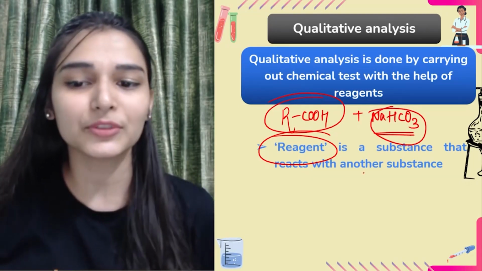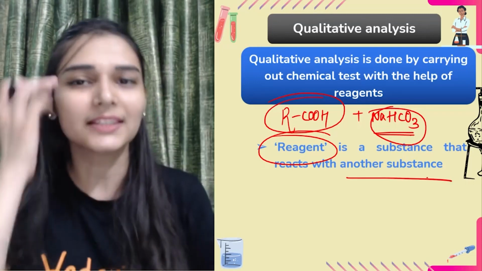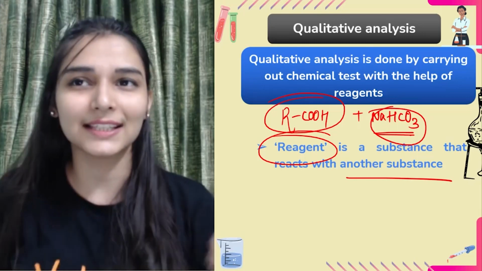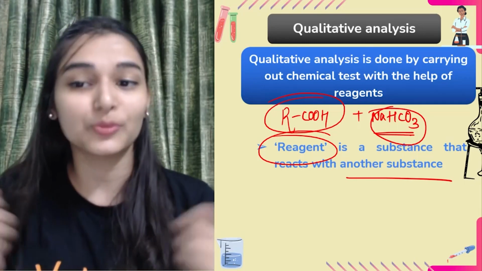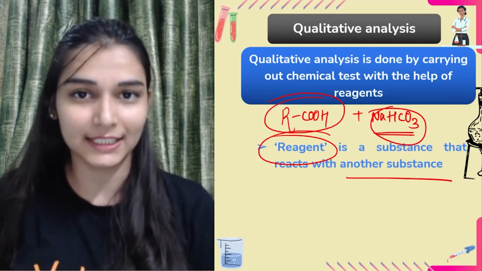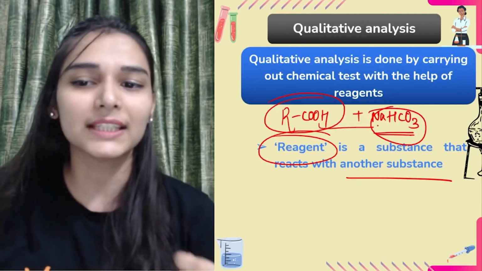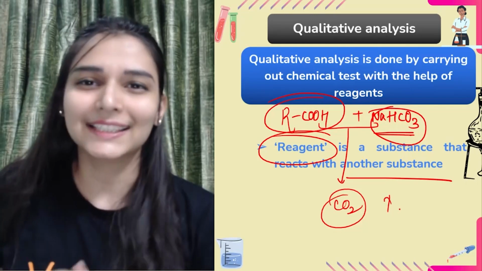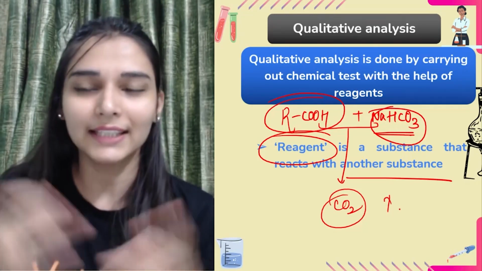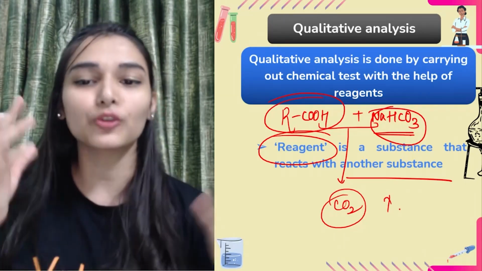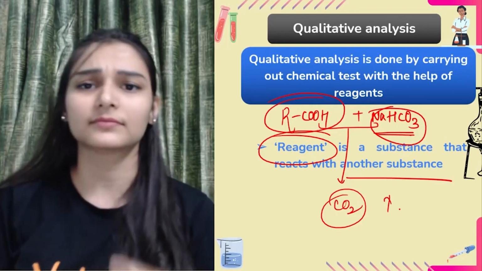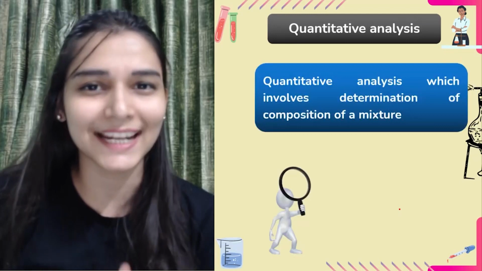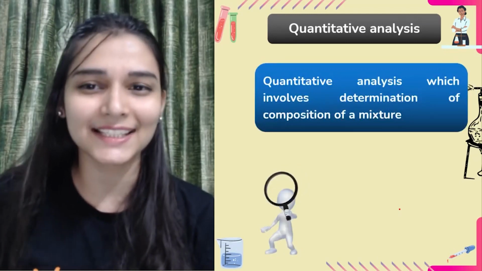That is the substance which reacts with the other substance, and that will help me do my qualitative analysis and tell me the respective group which is present in the compound. Okay, so you can say, "Arey ma'am, there is evolution of carbon dioxide gas, and carbon dioxide gas is turning lime water milky." So based on those observations, you can get a lot of idea about the original substance that is given to you. Right? That is easy.